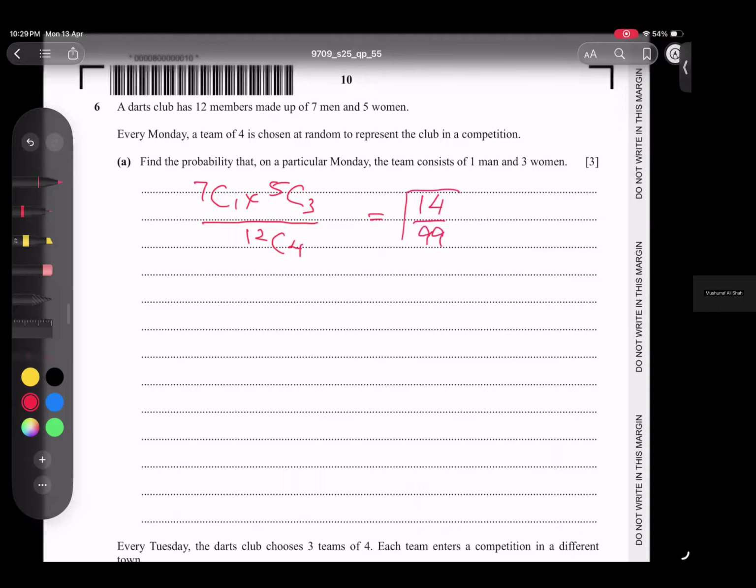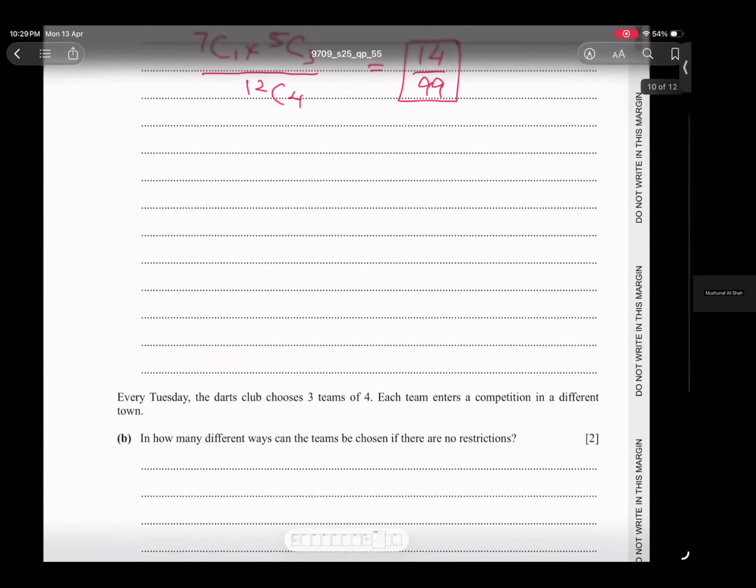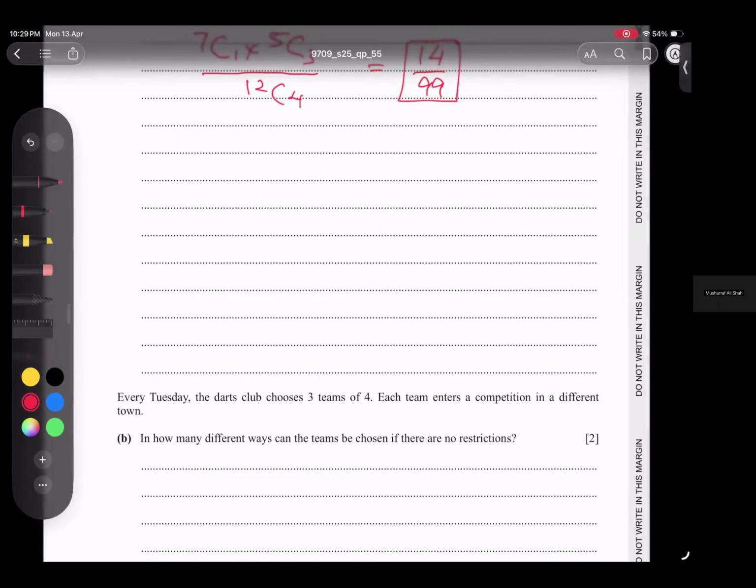This is done. Okay. Next part we have here below. What does the question say? Every Tuesday, the darts club chooses 3 teams of 4. It means team 1, team 2, and team 3, each a team of 4. So total 12 people are there.